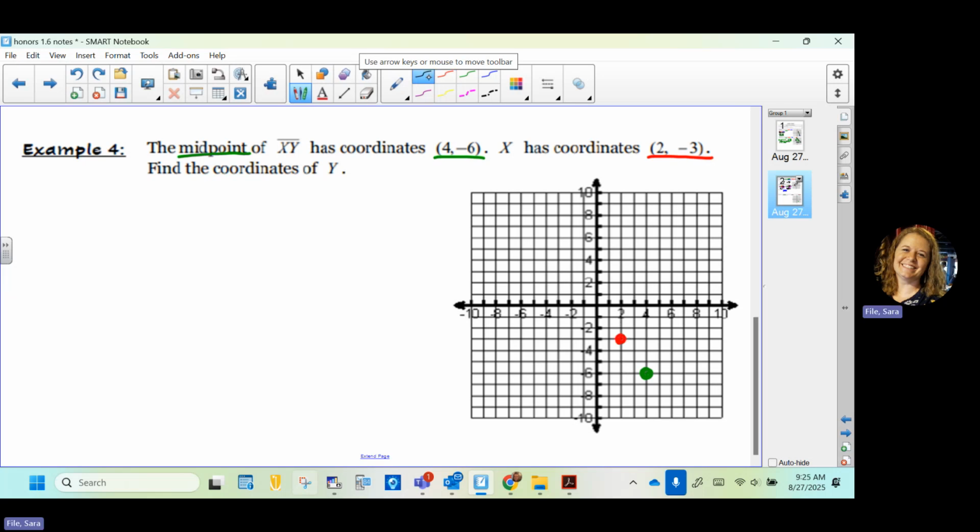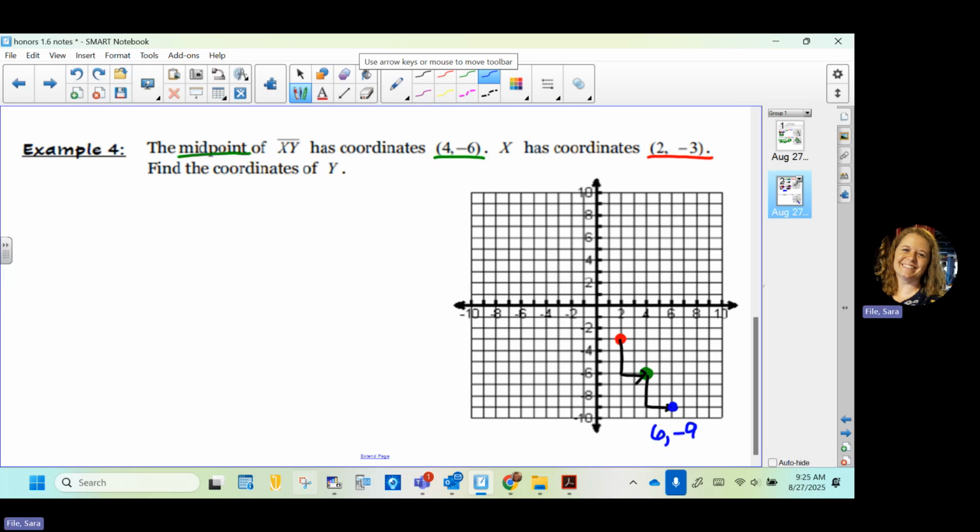I'm going to go from endpoint to midpoint: 1, 2, 3, 1, 2. So down 3, over 2. That puts the other endpoint at 6, -9.